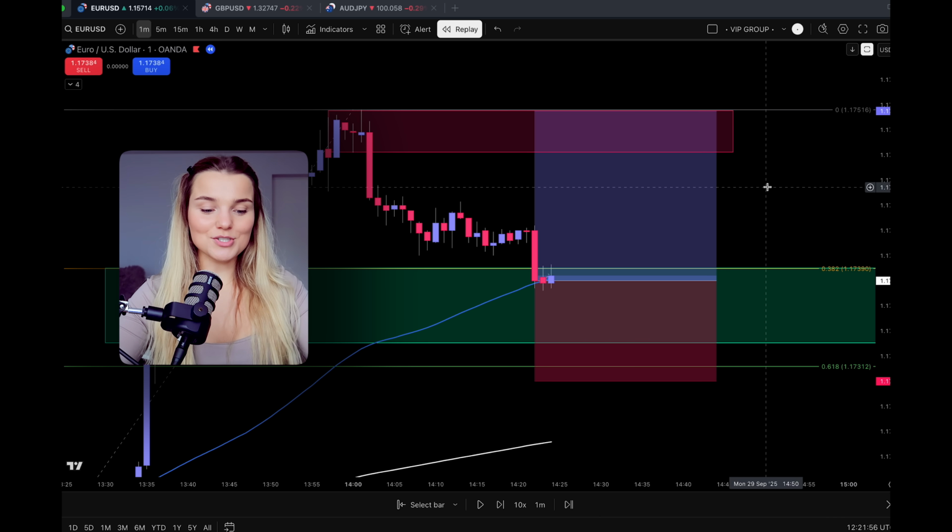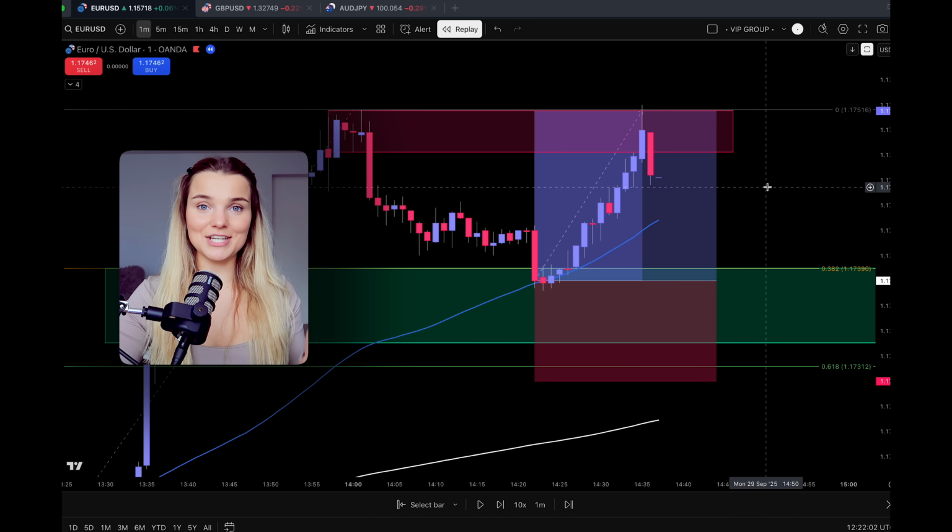So now if we just go ahead and play the replay tool on, as you can see, the trade has beautifully hit my take profit target, simply because it's a bounce from a demand zone that was never touched. It's a fresh zone, and of course we also have the 50 SMA line to back it up.